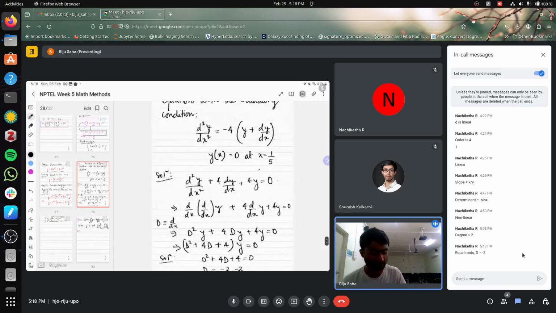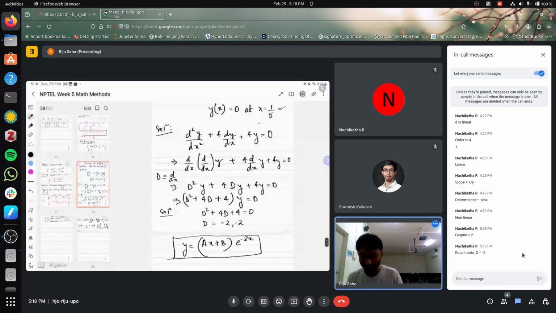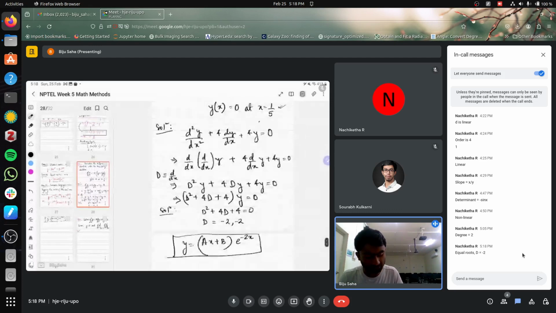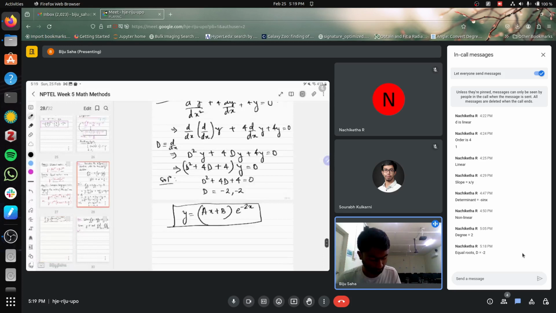Now let us use this information to extract some knowledge about the coefficient. What you have is at x equal to 5, the y value is 0.